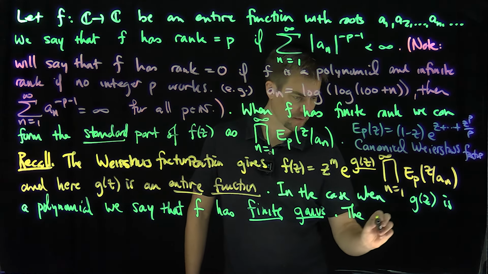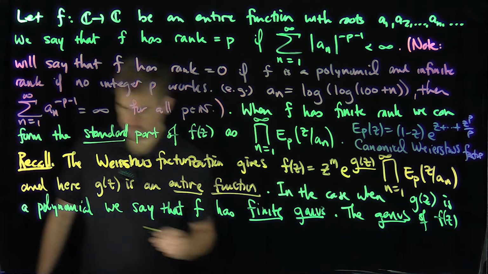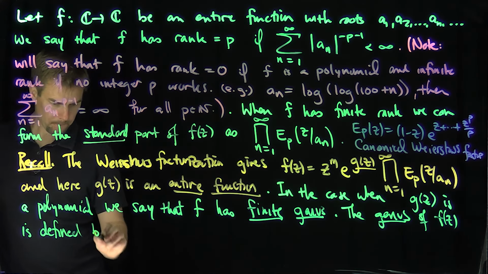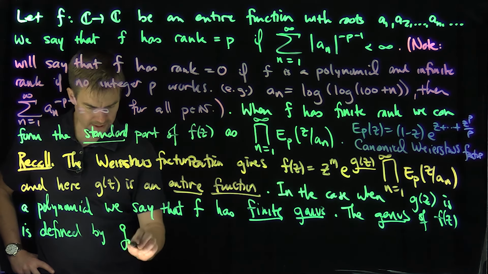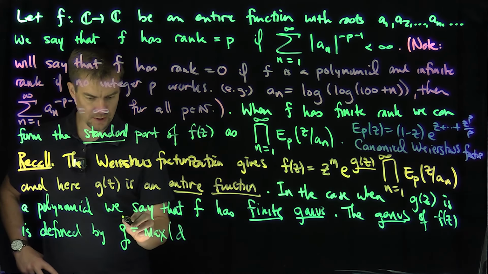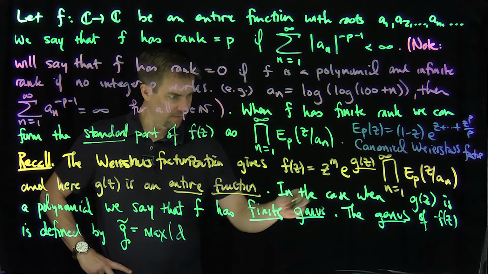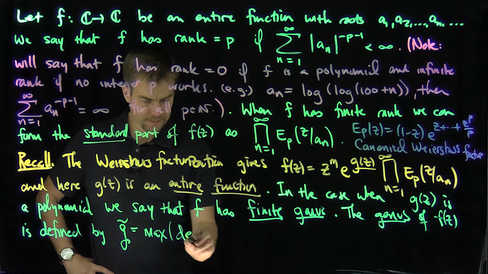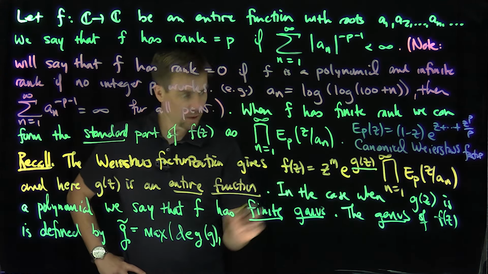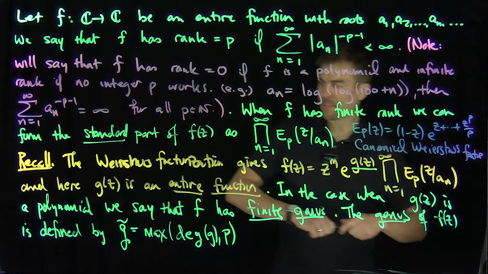The genus of f of z is defined by, call it fancy G, the maximum of the degree of g, the degree of the polynomial, and the exponent p over here.